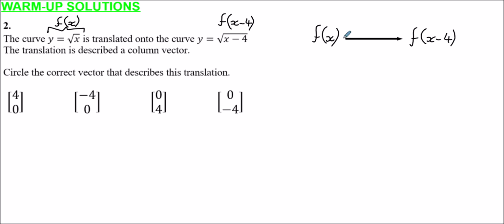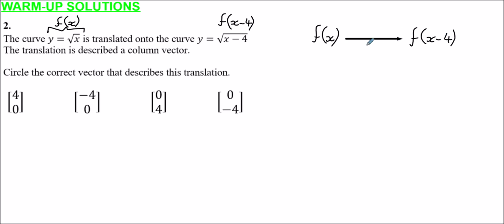Well, this is the type of question I've explained in the past a few times. The change here has happened from within these brackets around the x. So when the change happens from inside the brackets, colloquially speaking, the change affects the x values in an opposite common sense way. And so rather than subtracting 4 from each x value, what actually happens here is we add 4 to each x value.